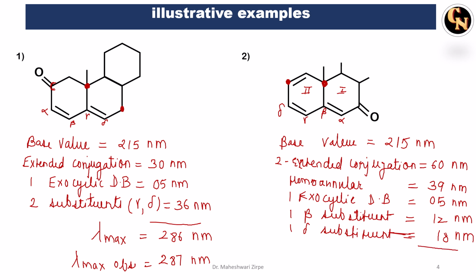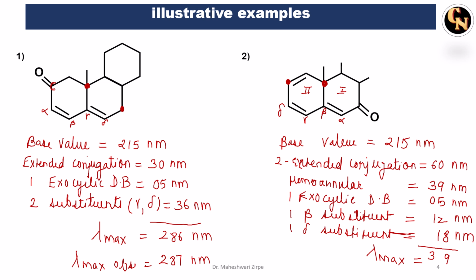So you will be calculating the total lambda max value for all these substituents which you have added: 215 plus 60 plus 39 plus 5 plus 12 plus 18. So the total comes out to be 349. Okay, it is 349. So let me write it properly.